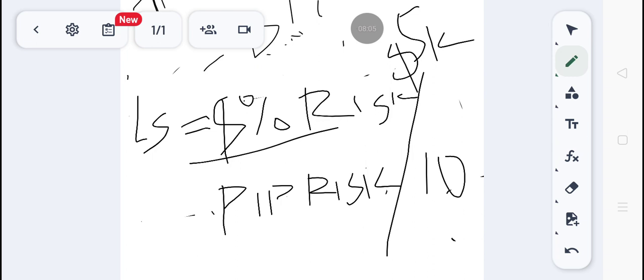Then you divide it by 10. Now remember, you have a $5K account, you are risking 1%, and then the pip value. So let's substitute into the formula and see what we get.